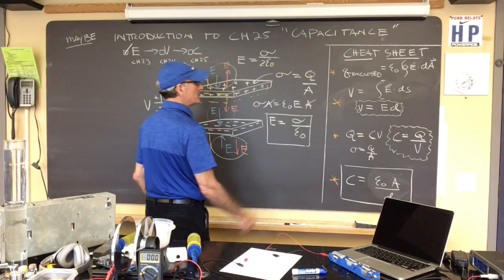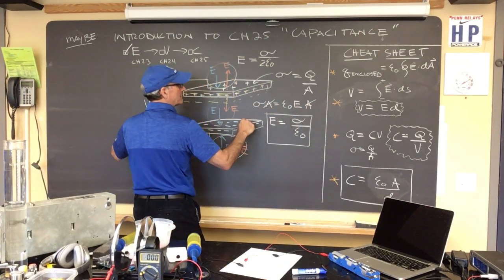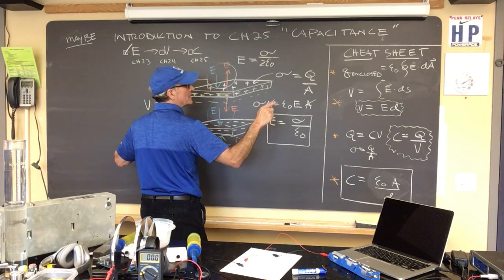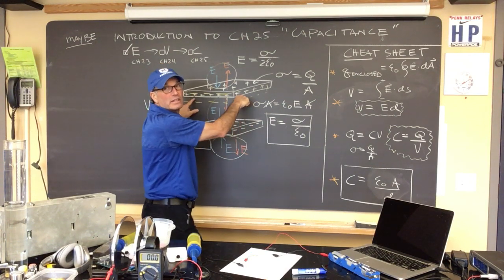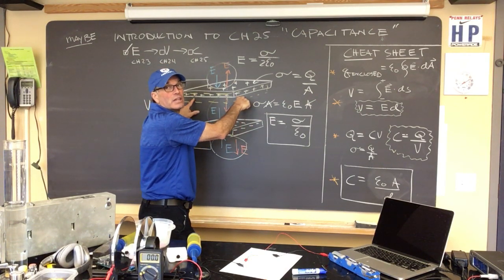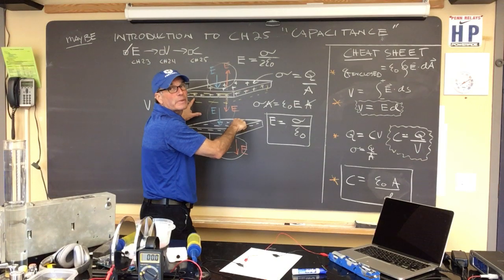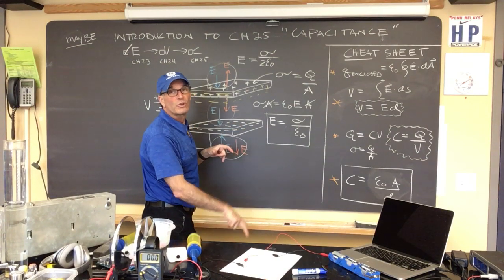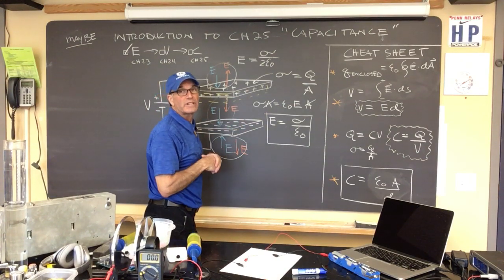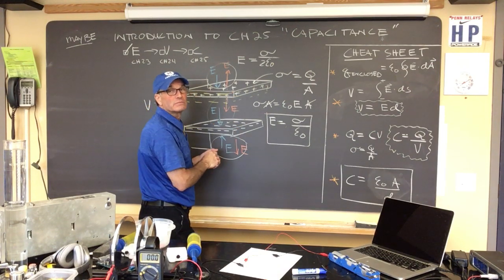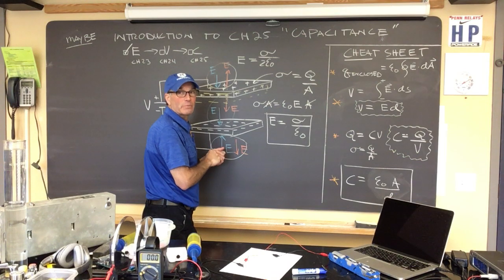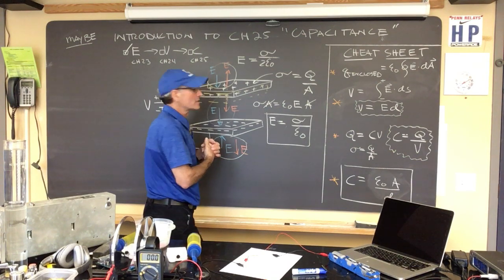If I calculate the potential between the plates, I'm going to integrate the electric field from the lower plate to the upper plate. I'm going to go from low to high. So think about that positive charge carrier being a tennis ball on the floor. You're going to raise it through the gravitational field. We're going to raise this positive charge through the electric field. Not quite the same thing, but it's similar ideas.